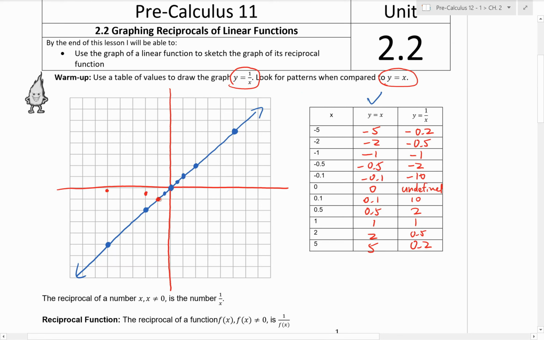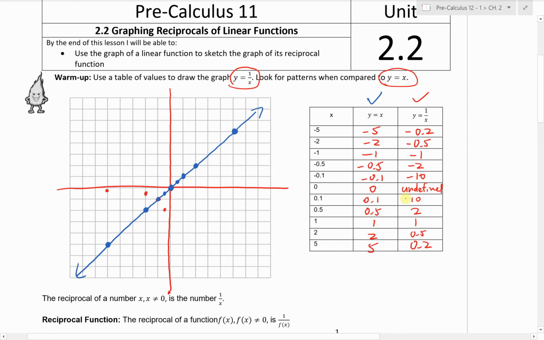So notice how this point remains the same as the blue graph, right? Remains the same. When x is -0.5, this is -2. When x is -0.1, it's -10. I don't think I can actually go down to -10, right? 1, 2, 3, 4, 5, 6, 7, 8, 9. Yeah, somewhere here.